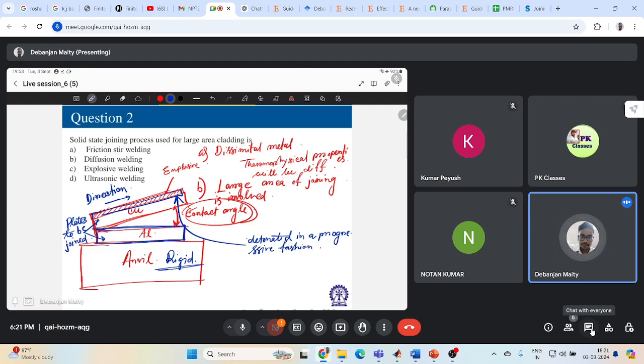So it will have some direction, like the welding velocity, it will have some direction of detonation, right?